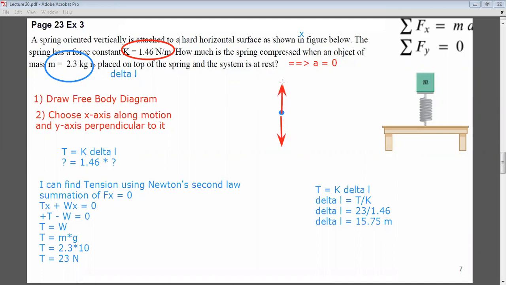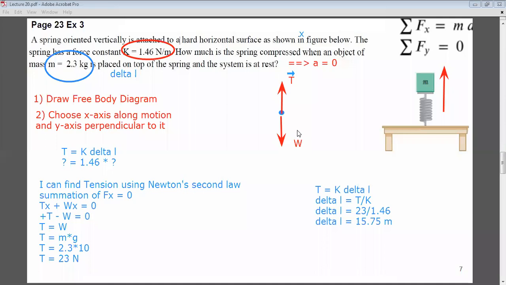Why is there tension upward? Because the spring is compressed, so the spring wants to go back upward. So it pushes upward. Okay, so this is tension, this is weight. And these are vectors.